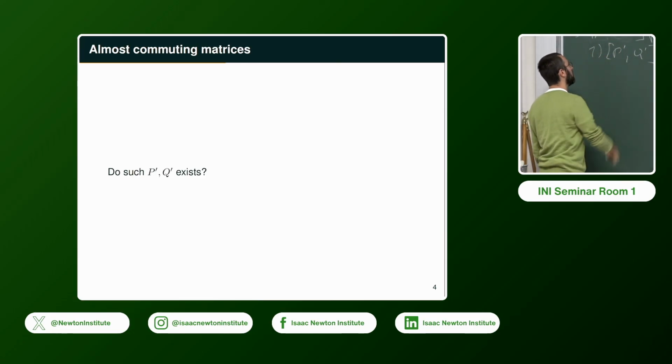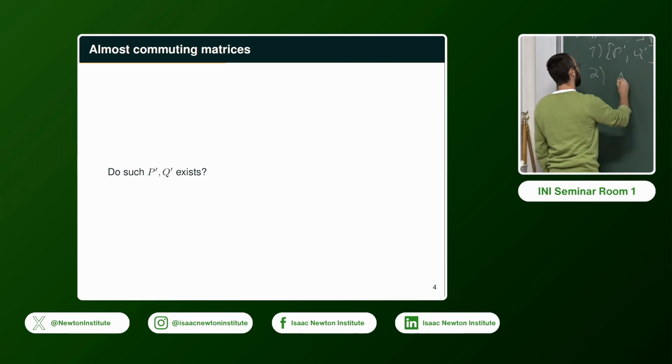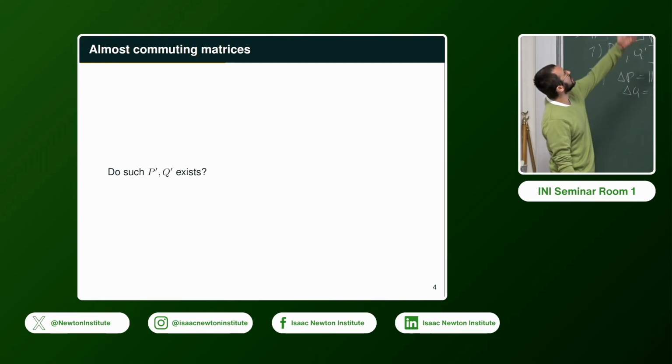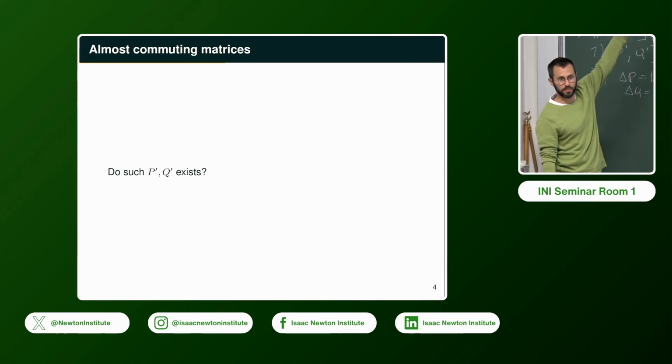And the second is that delta p and delta q are both small in some sense, comparable to this h bar, or to this omega.